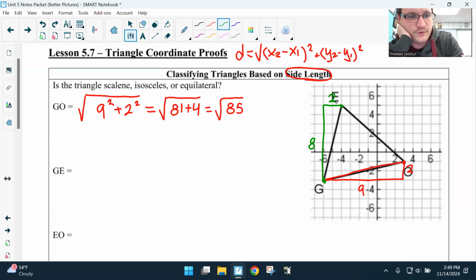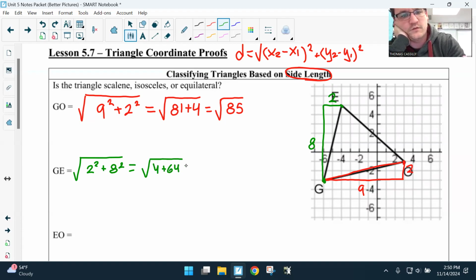That's our distance formula. X is first, so left and right first. So 2 squared plus 8 squared gives us the square root of 4 plus 64, or the square root of 68.